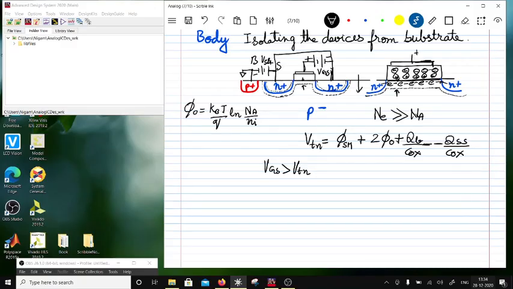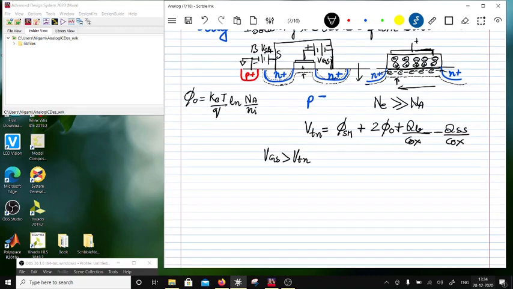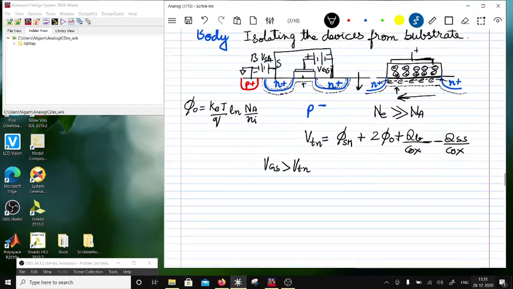Then if you have a channel formed, to make the electrons flow you need a field in this direction, which will be a horizontal field. So the operation of a MOSFET is based on two fields. One is gating, which is a vertical field, and the other is causing the drift current, which is the horizontal field. This field is because of VGS and this field is because of VDS.